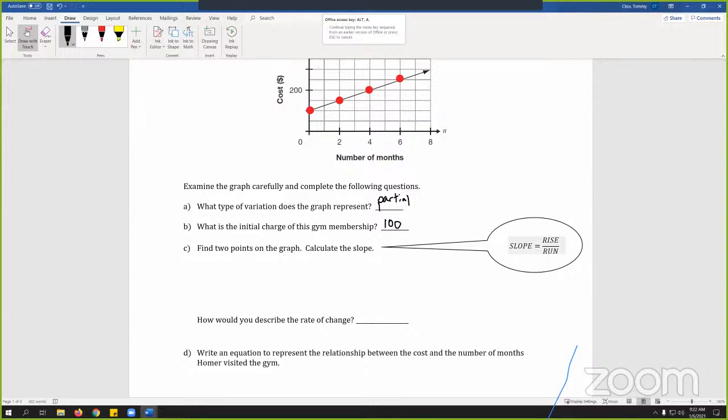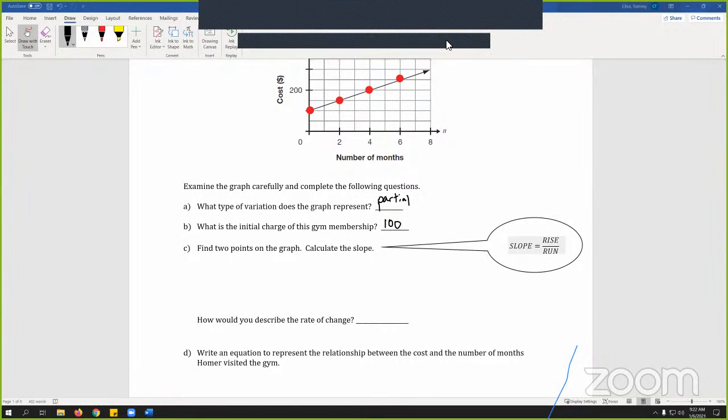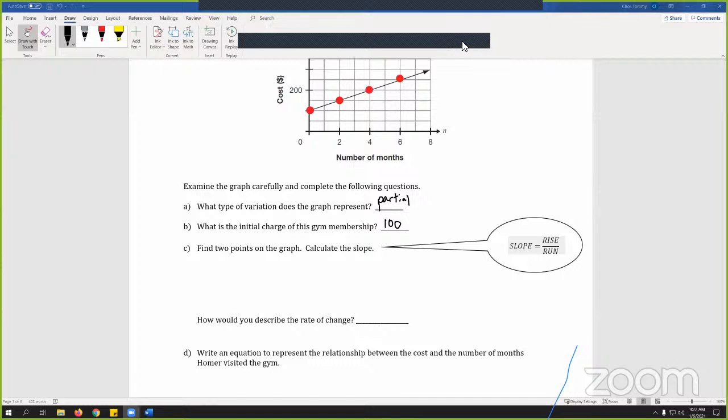Let's take this up now. Let's see what we have here. Calculating the slope, you can pick any 2 points here.